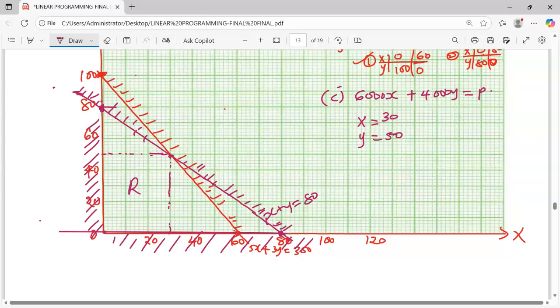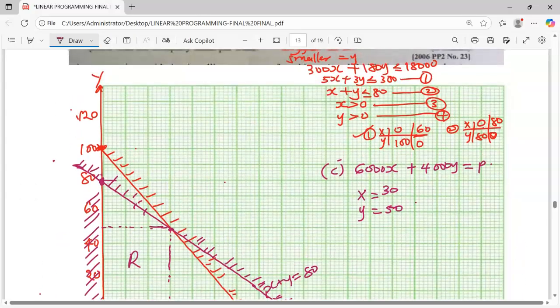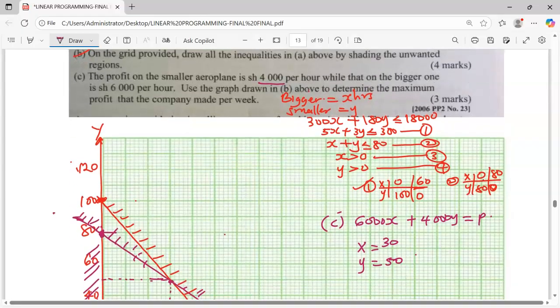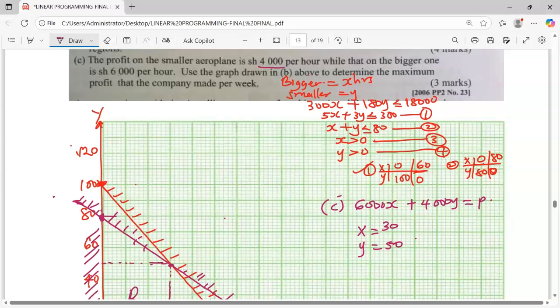That means x represents the bigger aeroplanes, and y represents the smaller aeroplane.